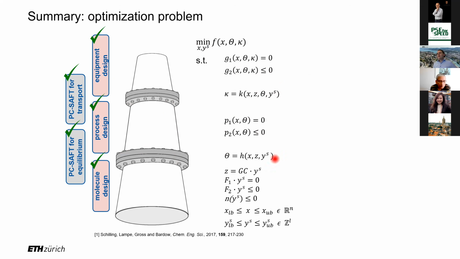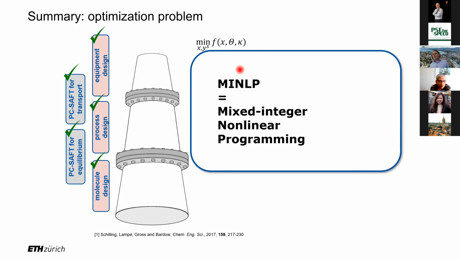And then we have the equations that link the different groups. That's why group contribution is standing here, different groups together to build up molecules. So this is a mixed integer nonlinear programming problem that identifies at the same time the optimal molecule with the right process and the right equipment sizing.